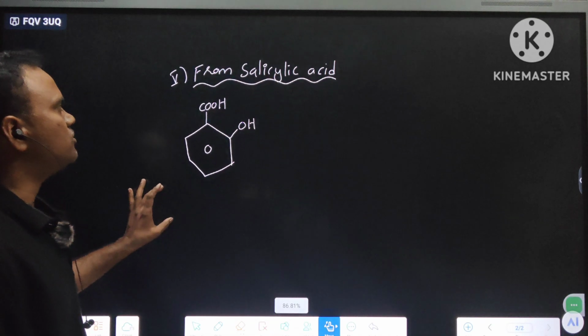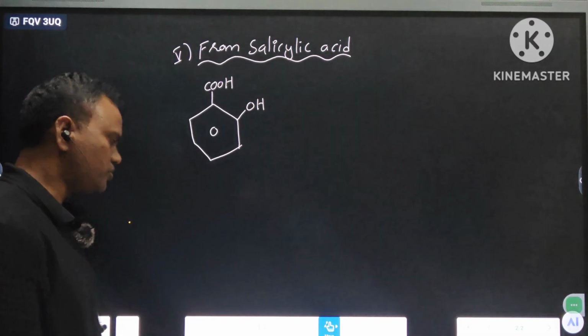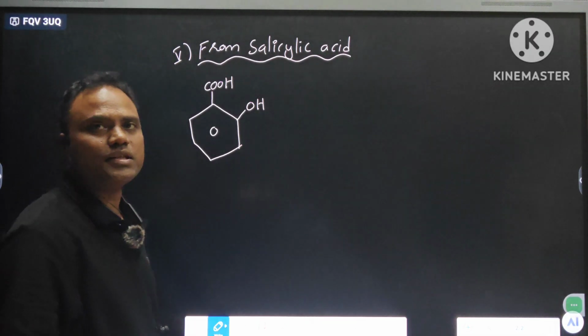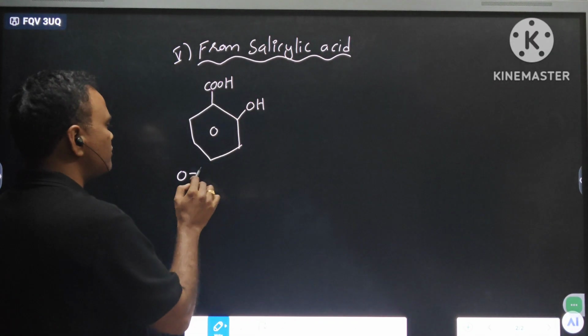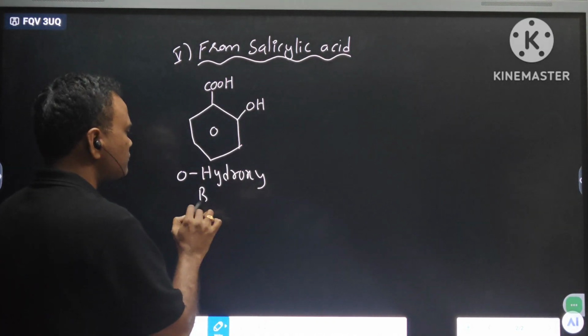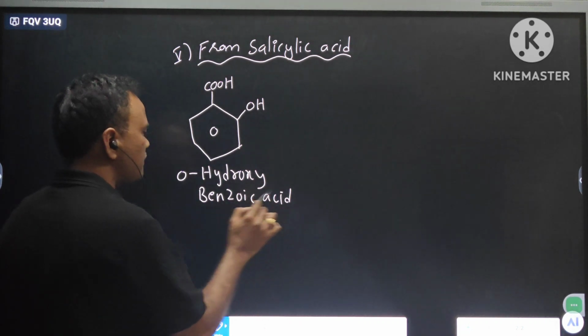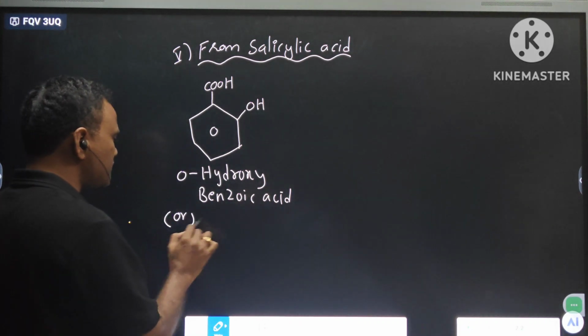The parent compound is benzoic acid. Orthohydroxybenzoic acid is the IUPAC name. It is commonly called salicylic acid, as the OH group is at the ortho position.